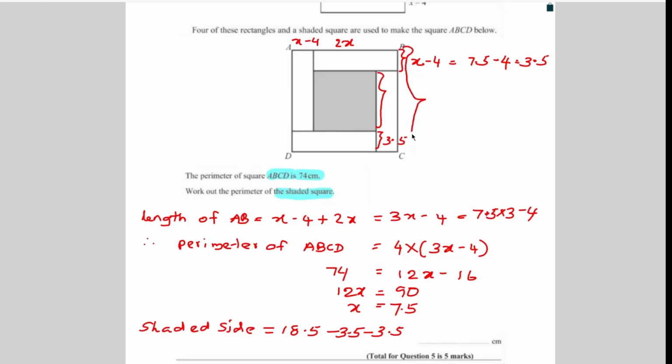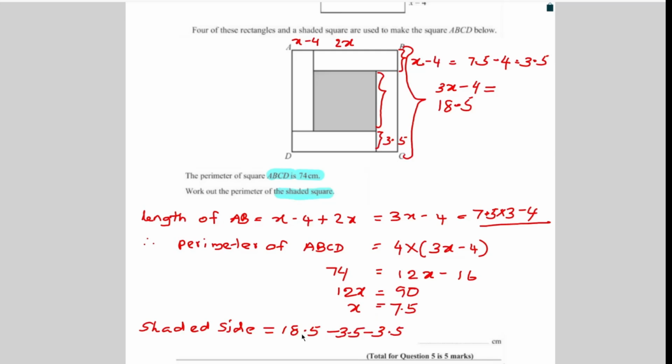Here 3x minus 4 is 18.5. Then if this one is 18.5, this part is 3.5. This part is also 3.5, which is 3.5 plus 3.5, which is 7.